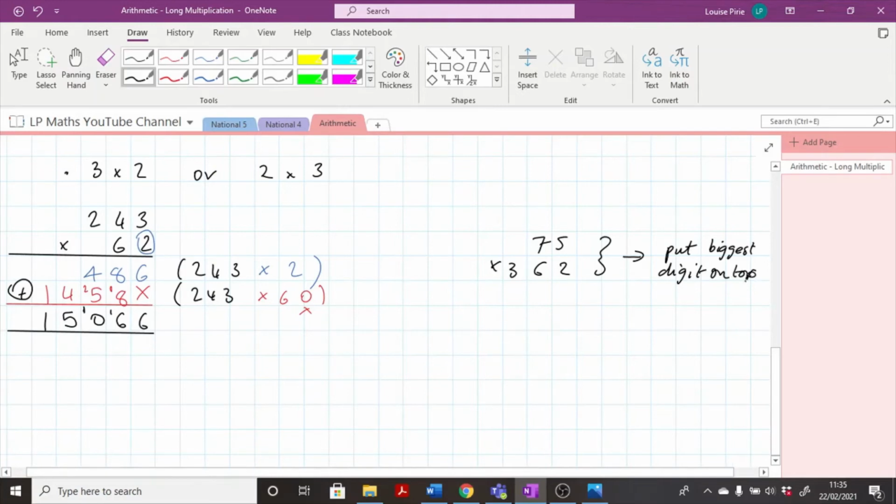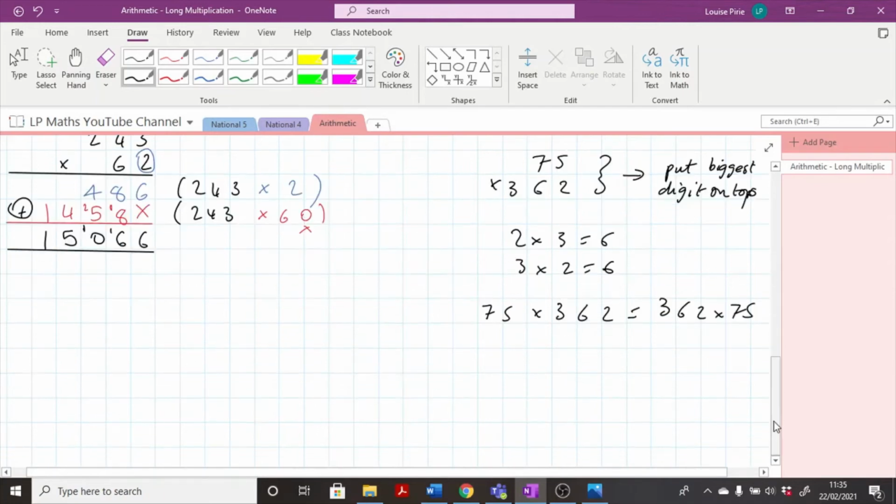The reason why I can do that relatively easily is because we know that 2 times 3 is equal to 6, but 3 times 2 is also equal to 6. So therefore, 75 times 362 is the same as saying 362 times by 75. So that's the sum we're going to do just now. I'm going to make it 362 multiplied by 75.